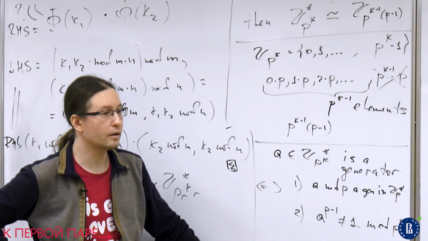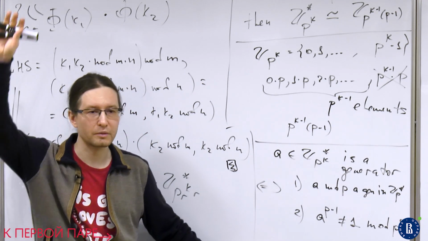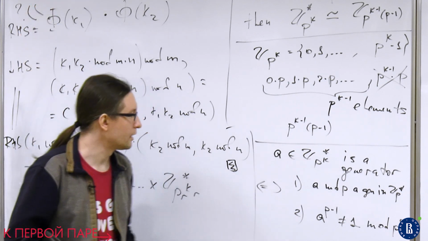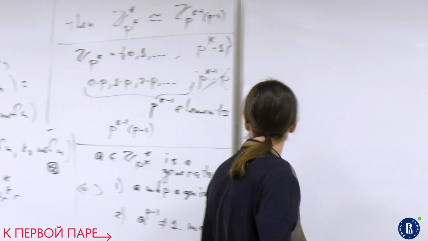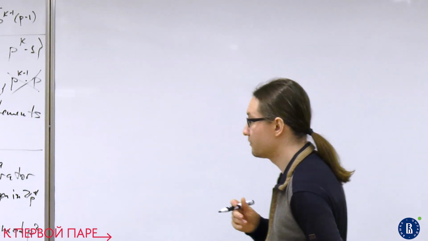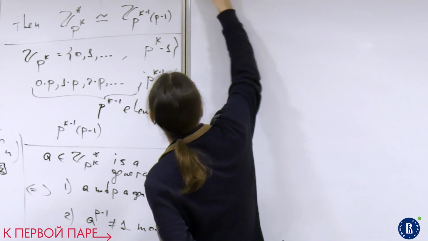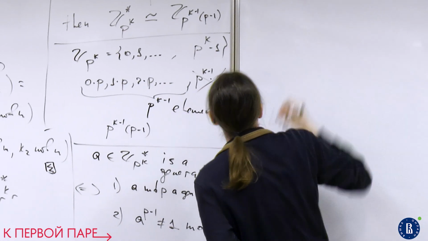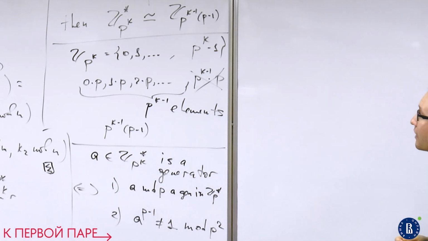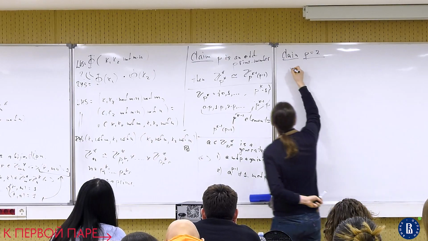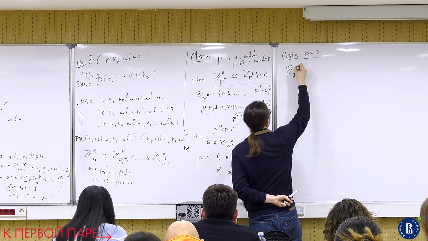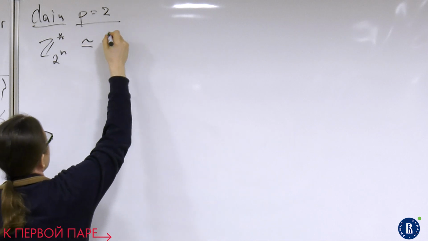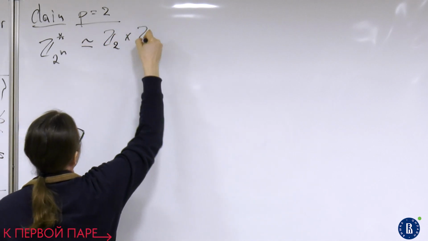Now, are there any questions regarding the statement? Should I clarify something? Okay, good. Now, the next case is the case of even prime numbers. Suppose p is equal to 2. In this case, the group Z 2 to the n star is not cyclic, but it's a direct product of two factors.